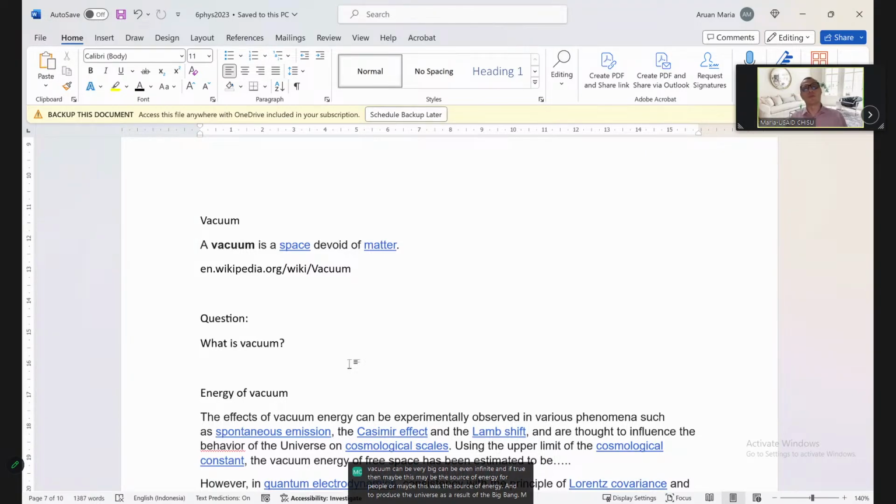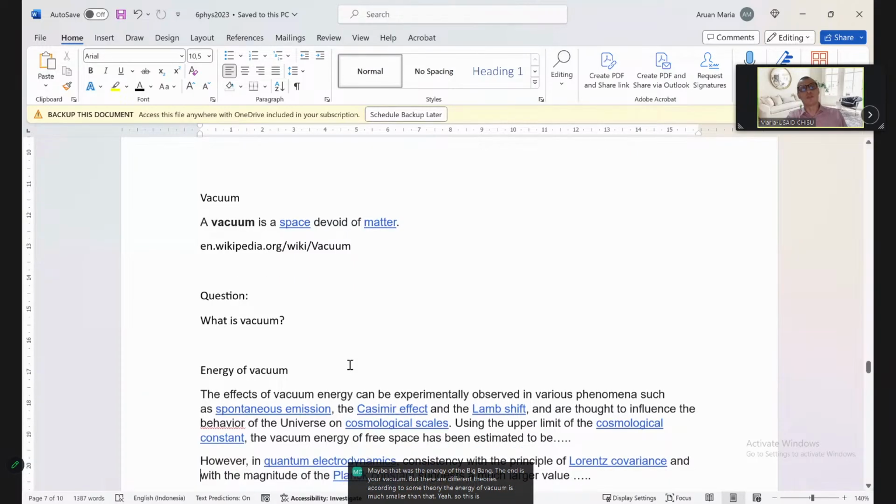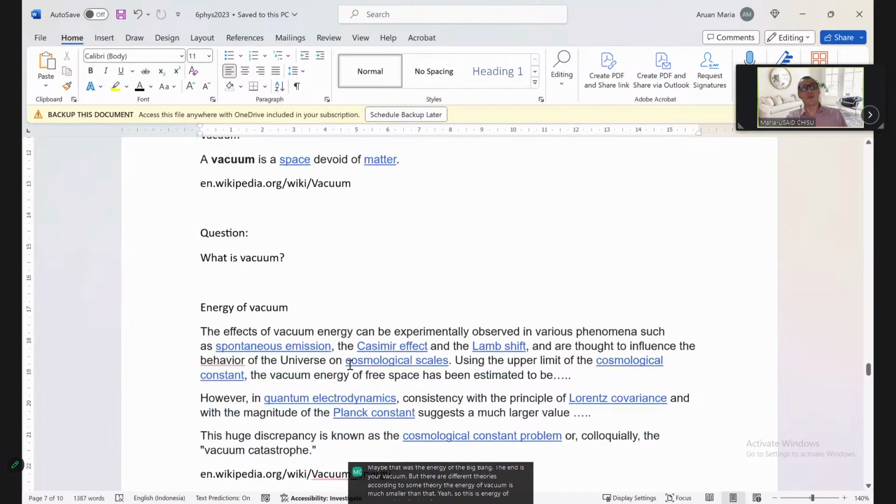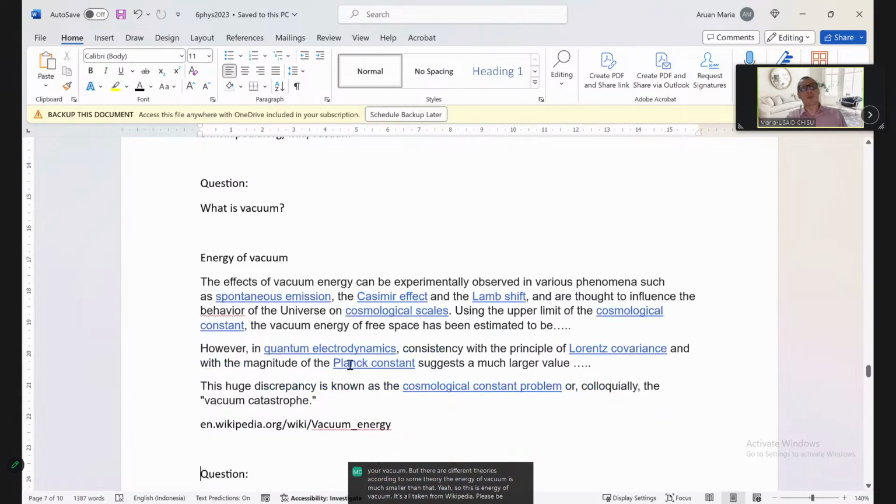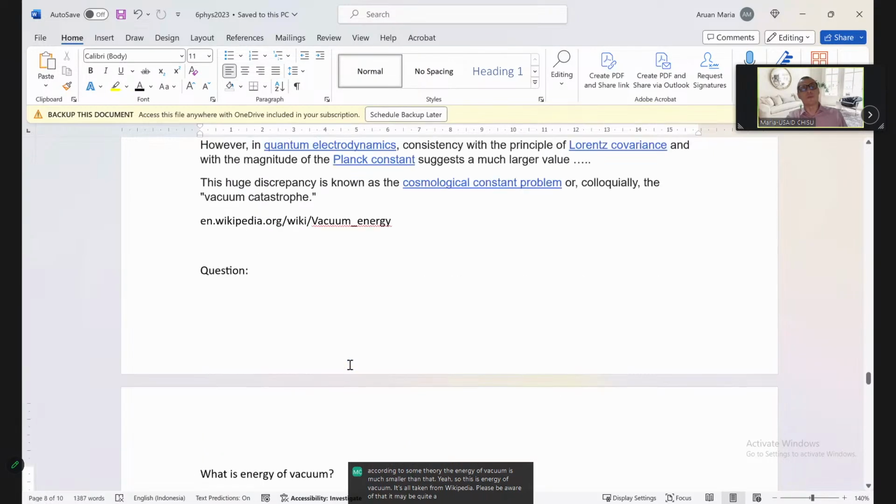Maybe that was the energy of the Big Bang, the energy of vacuum. But there are different theories. According to some theories, the energy of vacuum is much smaller than that. So this is the energy of vacuum. It's all taken from Wikipedia. Please be aware of that. It may be quite important.